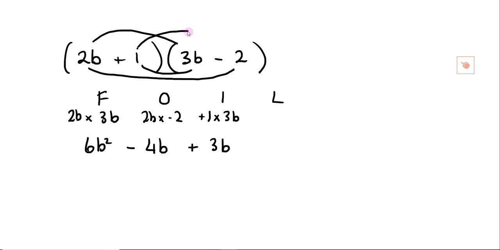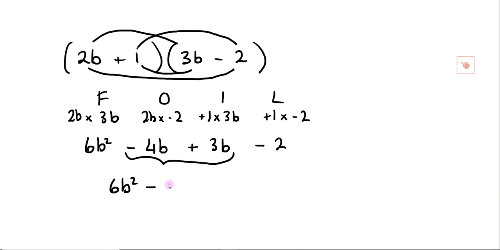Lasts are positive 1 times negative 2, which is negative 2. If I collect my like terms again, I end up with negative b, so I just write negative b, not 1. Minus 2.